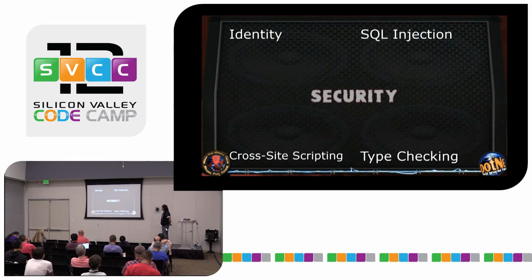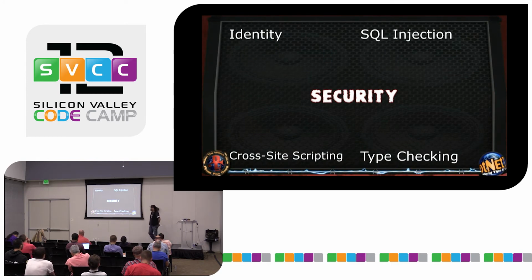So security, of course, identity, SQL injection. One of the things I like about any framework is it prevents SQL injection for you, so you don't really have to worry about it. But if you are doing SQL, hopefully not inline SQL, really be careful and please know what you're doing so you don't get SQL injection attacks. Cross-site scripting, of course, with websites is very important.